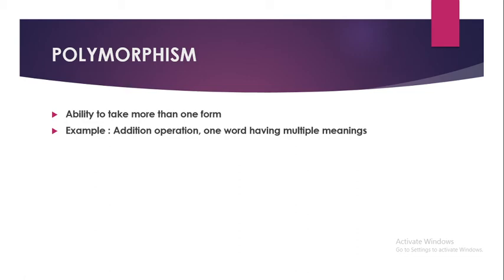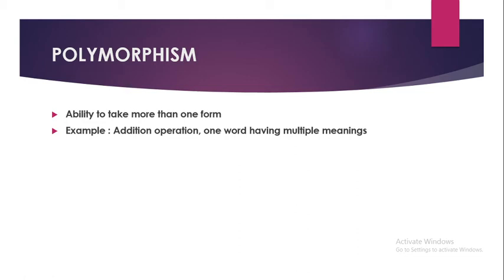In general, if we want a simpler example, in every language there are some words which have multiple meanings. Depending upon the context, we have to take the appropriate meaning. If I say it's a class, it can have different meanings.